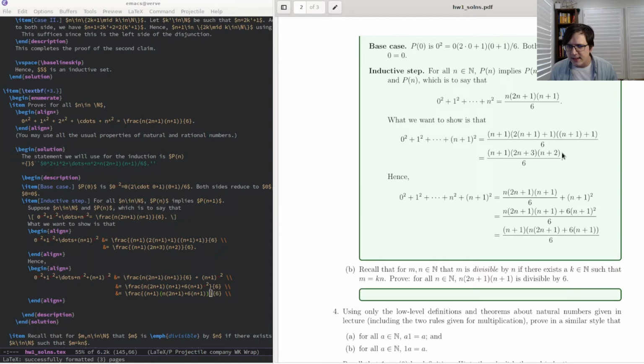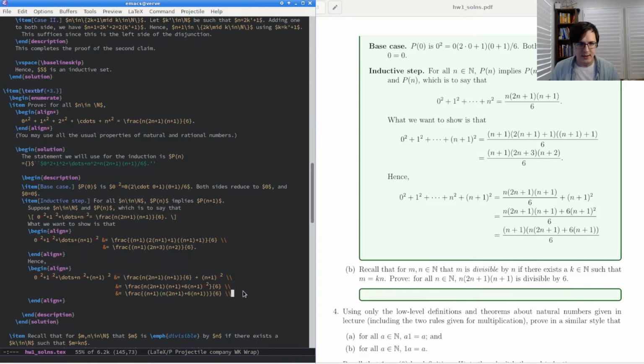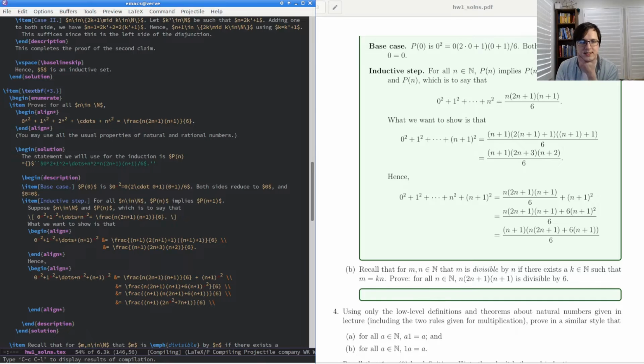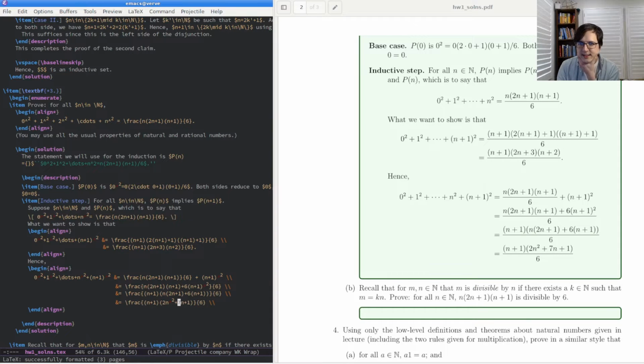Not sure if there is a clever thing we can do, so let's not be clever, and let's just multiply it out. Okay, so we've got 2n squared plus n plus 6n plus 1, and let's turn that into a plus 7n. Oh, and that's not good. Oh, right, that should be a 6.